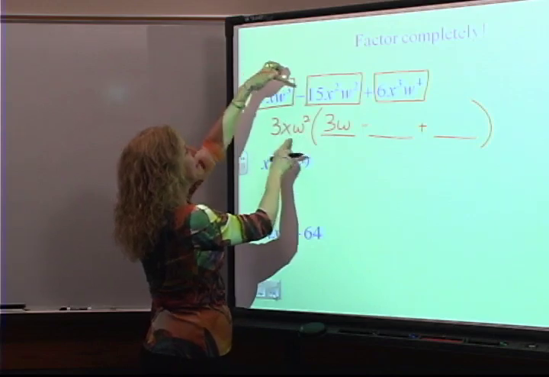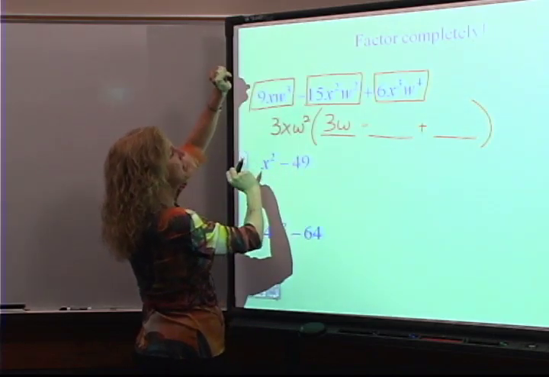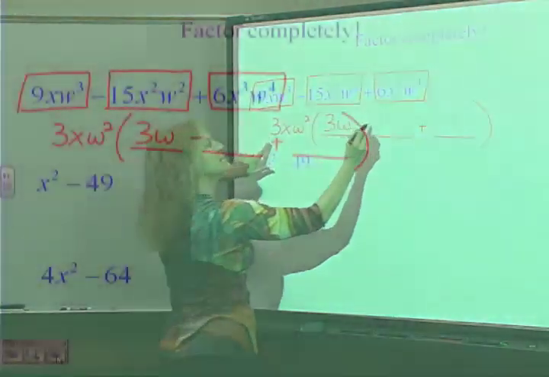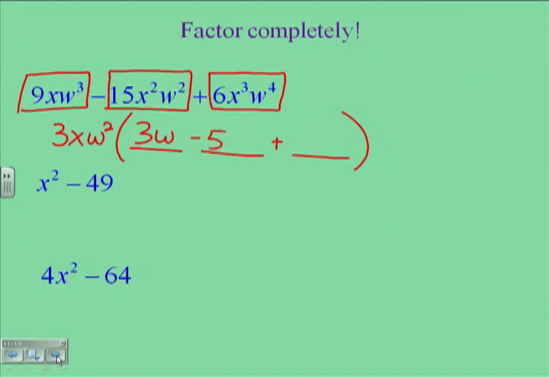What do I multiply by this to get the 15x squared w squared? I'd need a 5. I need an x. And I don't need a w because I have w squared and w squared. That's good. And what would I multiply times this to get the 6x cubed w to the fourth? It'd be a 2. Well, this is an x to the first.